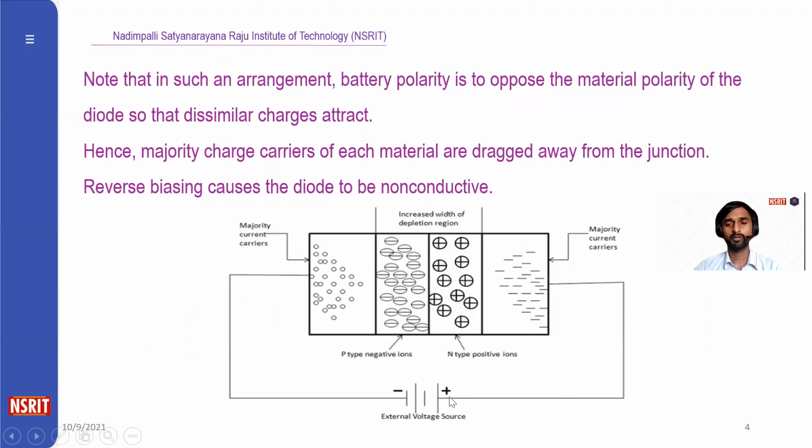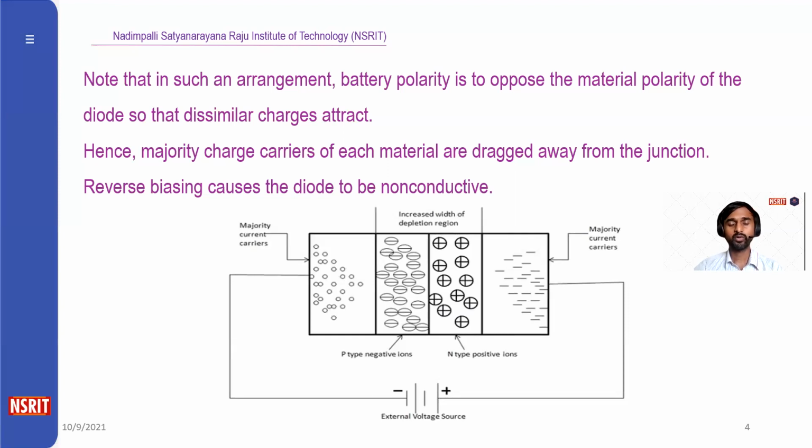Whereas the positive terminal of the battery pulls the electrons from the n-type. So when an electron leaves an atom in the n-type material, the atom becomes a positive ion.